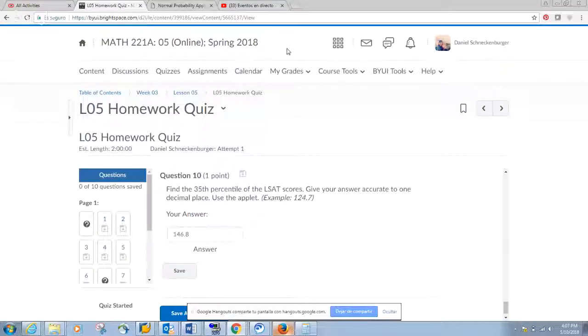Like the first percentile, negative 2.326, and so on, all the way to the 35th percentile. It said 0.385 as the z-score for the 35th percentile. So I just tried the same thing again, with the 10.2.